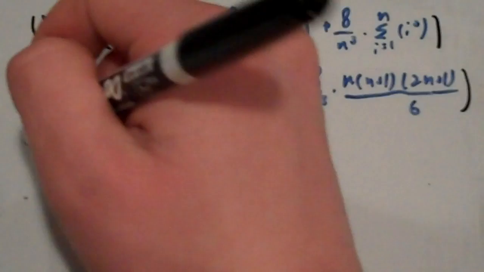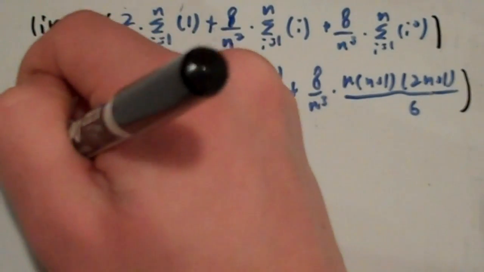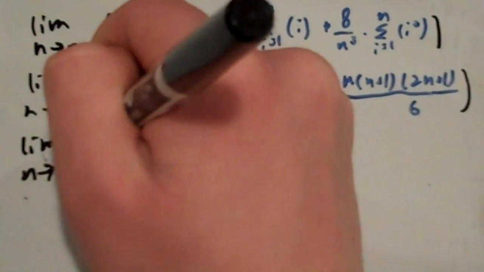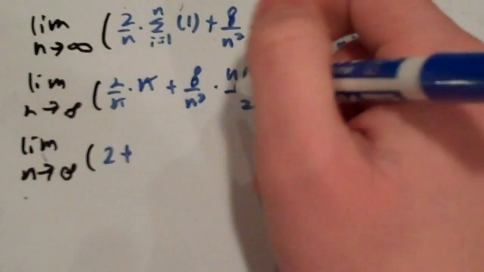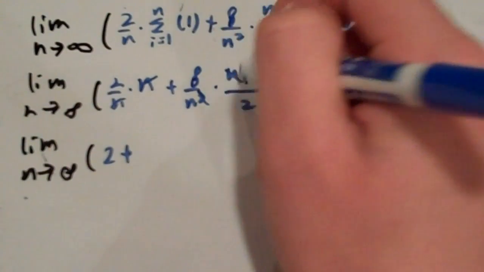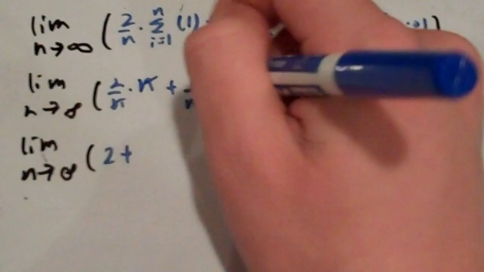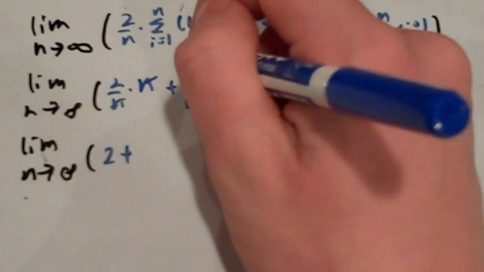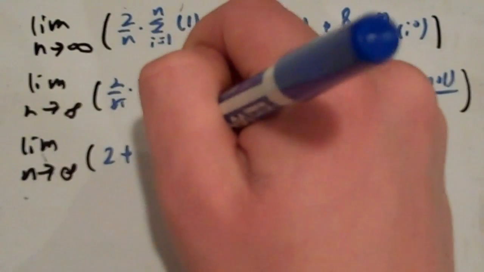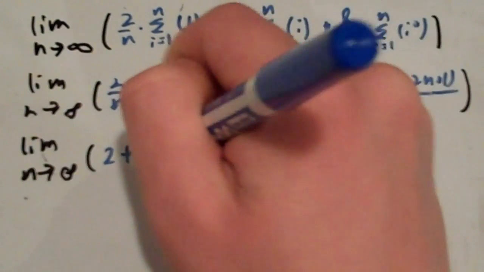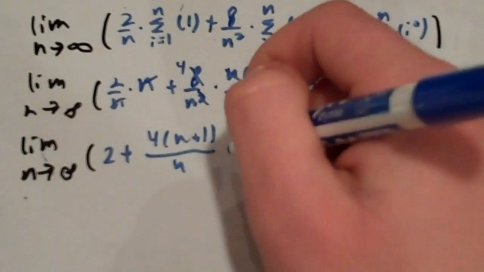Next, we can do a little bit of simplifying. These two n's cancel, leaving us with just 2, plus then one of these n's cancels, and this 2 and this 8 simplify to 4. So we're now left with 4 times n plus 1 over n.